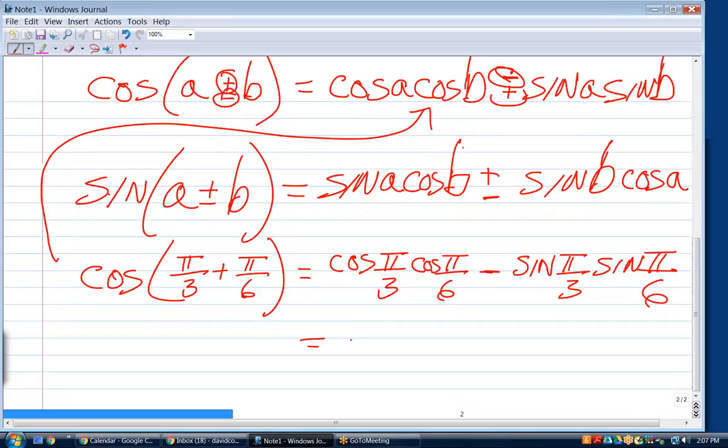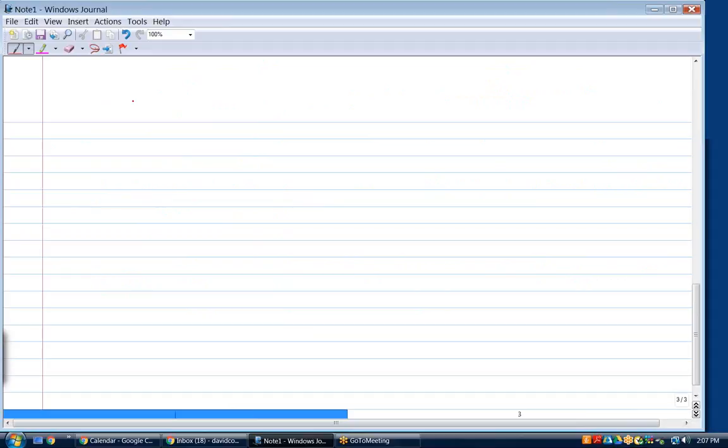What's cosine of pi over 3? Thinking about it, I think it's 90. 90 in radians. Let's go over radians. The three most important ones you can remember are these three.